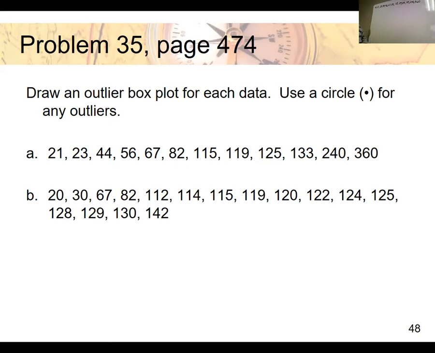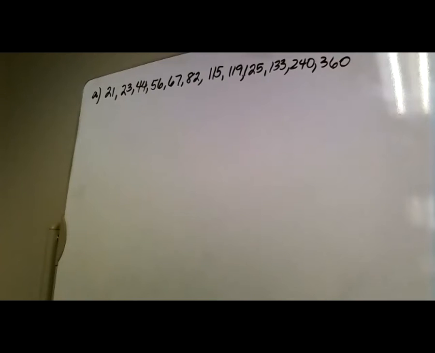That's the data set, and we're going to draw an outlier box plot for this. Now notice already we have a sorted data set from least to greatest.